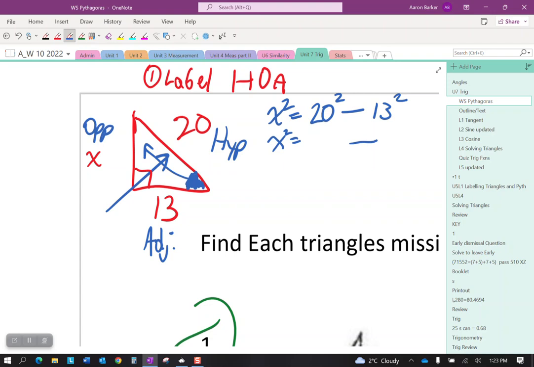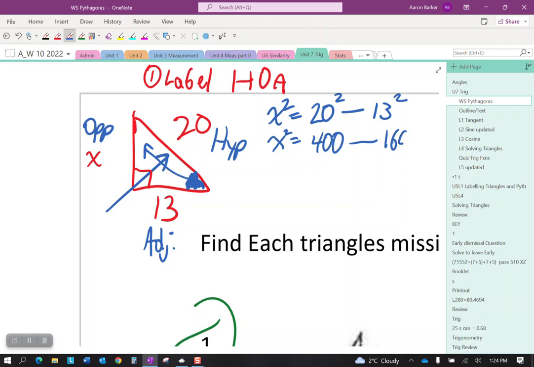So 20 times 20, 13 times 13. Use your calculator. Go ahead, use your calculator. That is no problems whatsoever. So we got 400, 20 times 20, minus, Olivia?